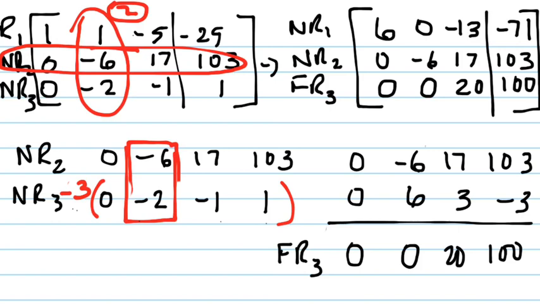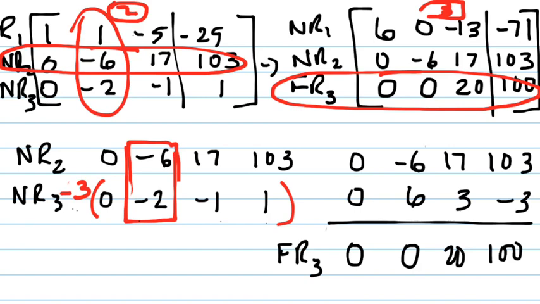All right. Now, so that was matrix 2 we just finished. So we're going to now be building matrix 3. Well, for building matrix 3, we're going to be using row 3, column 3. Right? So let me write those down for you so that I can go to a new page. 6, 0, -13, -71. 0, -6, 17, 103. 0, 0, 20, 100.